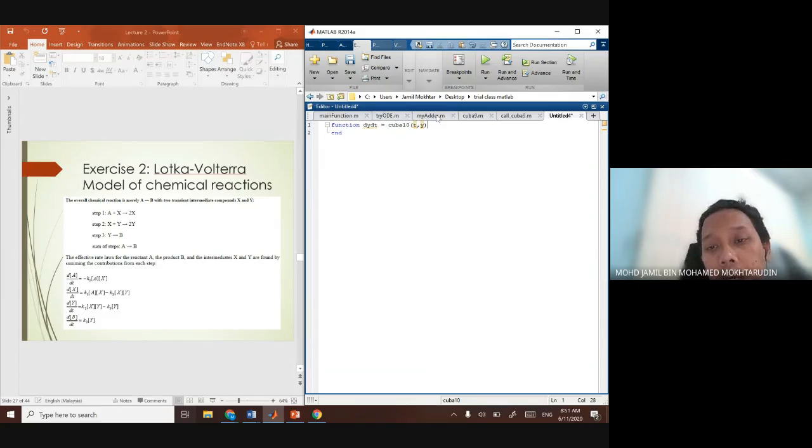Okay, only write this function. You don't need to write the calling function.